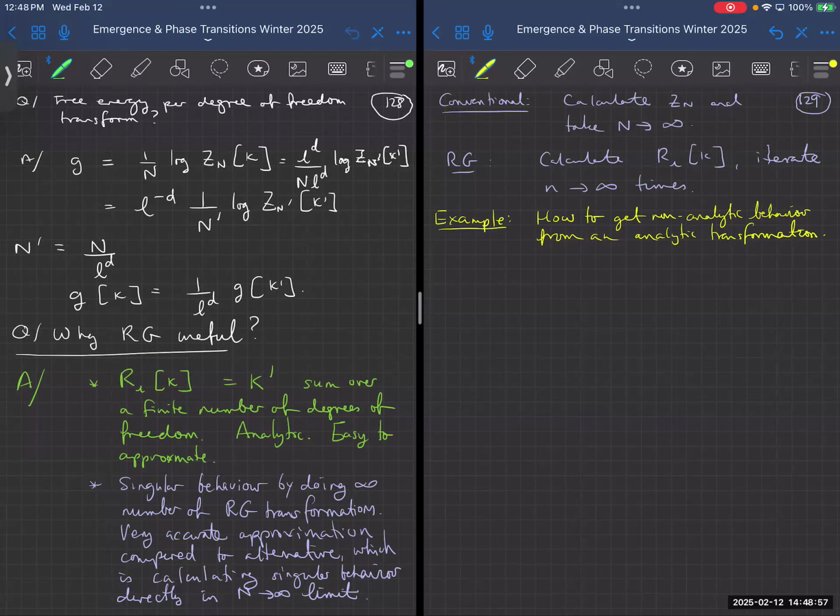The example I'm going to think about is a particle in a potential well, in one dimension, just for simplicity. So I'm going to write down the equation of motion. x dot is minus dV by dx, like that. And we can think of x as being some particle position.